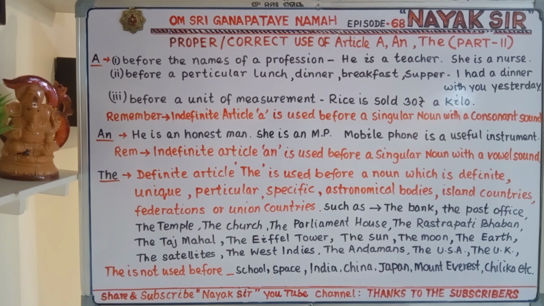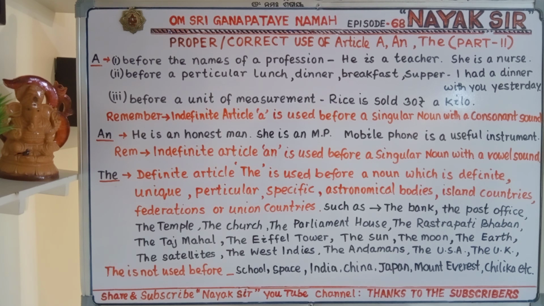Before the names of a profession, like he is a teacher, she is a nurse, a is to be used. Clear?